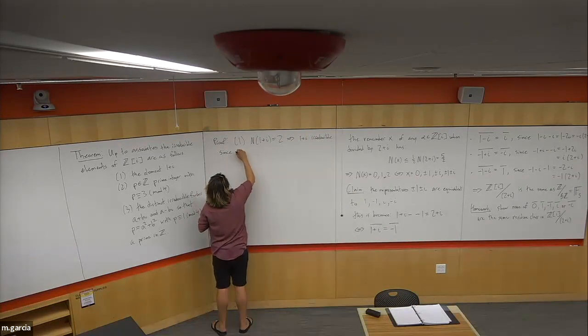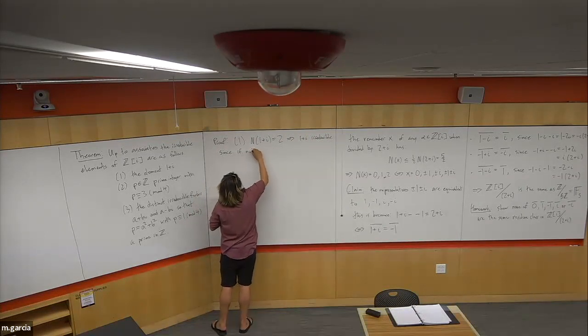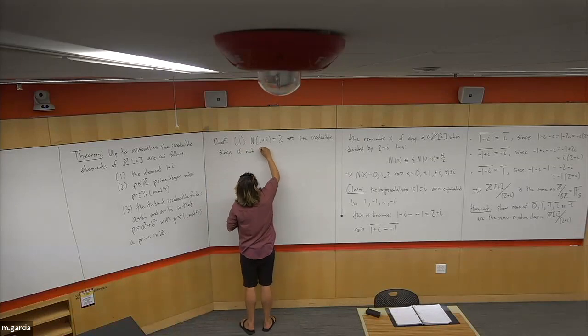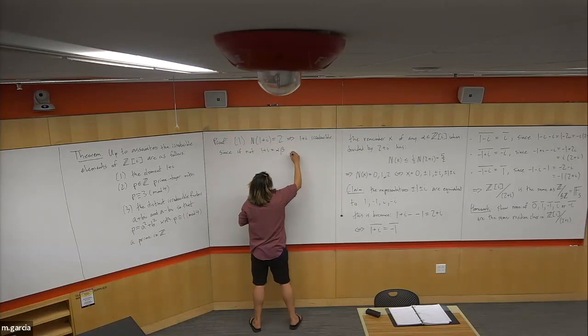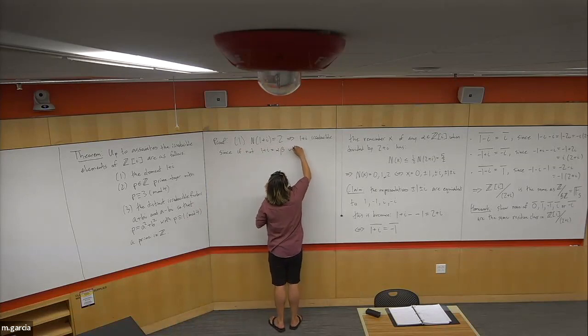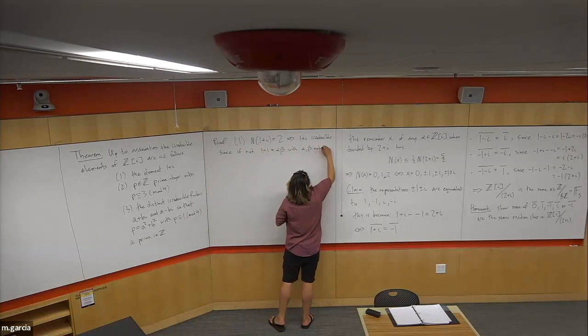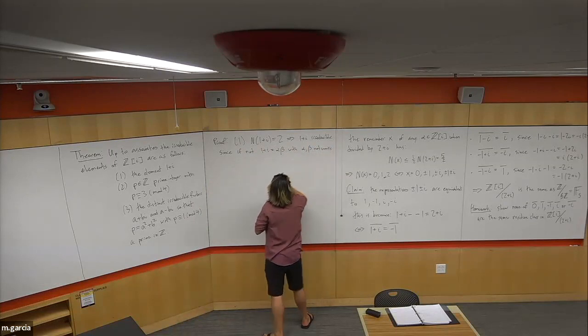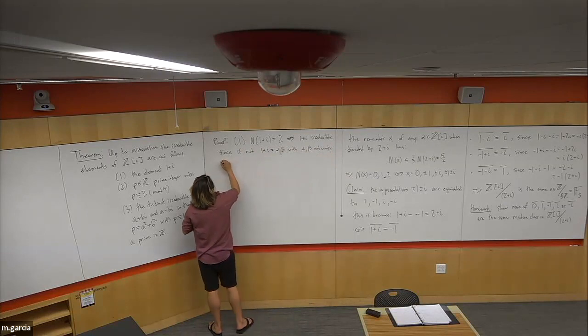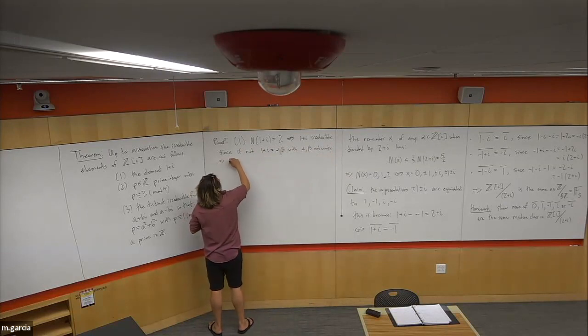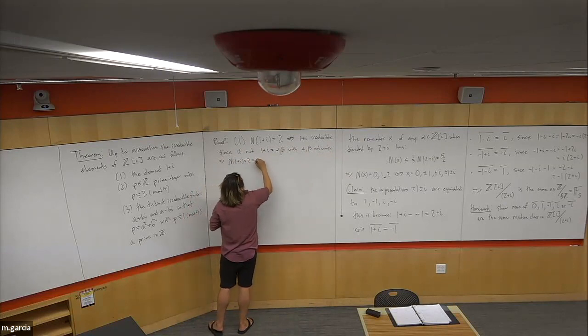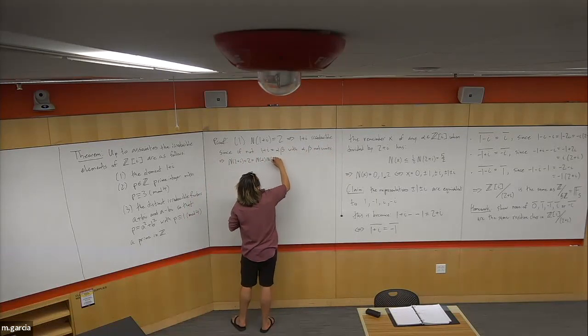Since if not, 1 plus i is equal to alpha times beta with both alpha and beta not units. Which implies that this norm is the norm of alpha times the norm of beta, right?